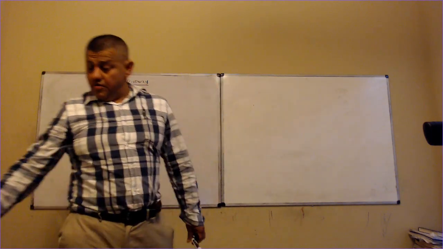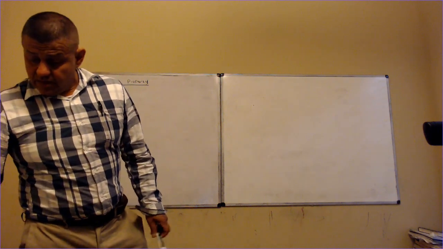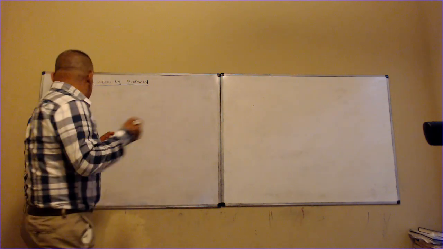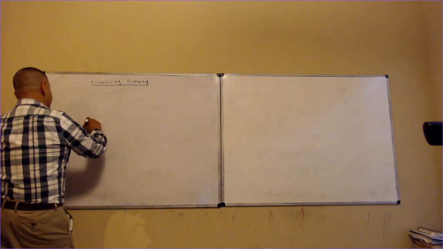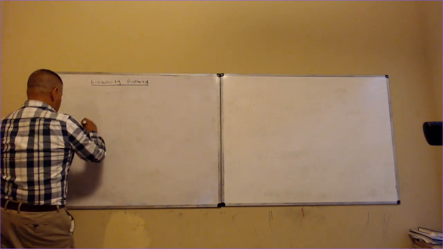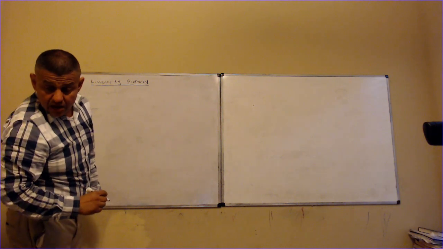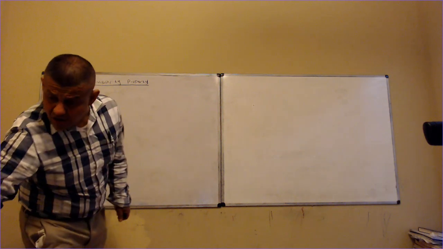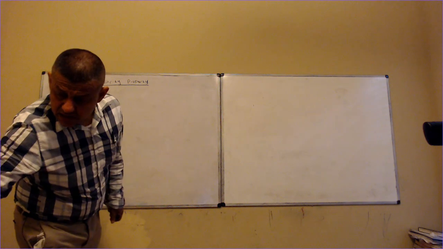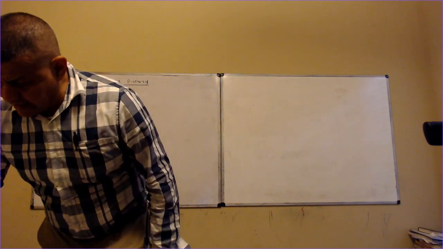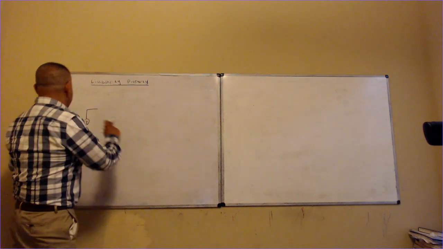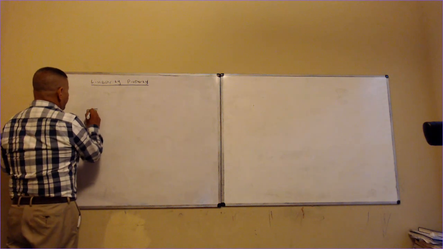Okay, the example states that we have a current source, and then we have a current, in this case they call it I4, going in like this.